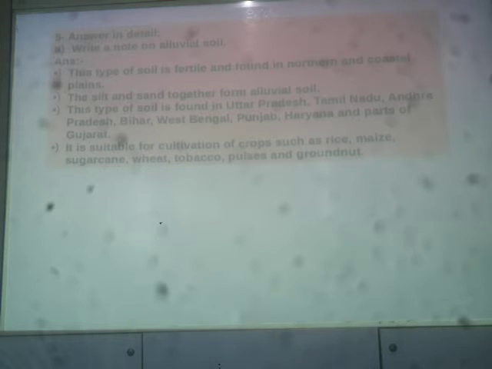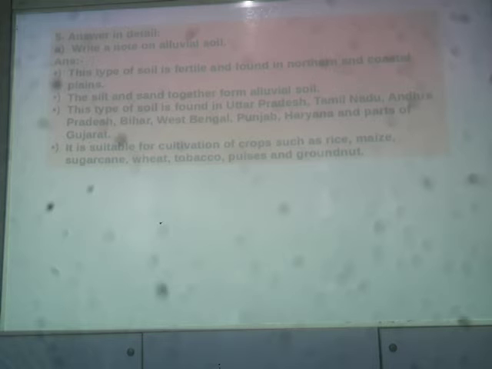Moreover, this type of soil is found in Uttar Pradesh, Tamil Nadu, Andhra Pradesh, Bihar, West Bengal, Punjab, Haryana, and parts of Gujarat.